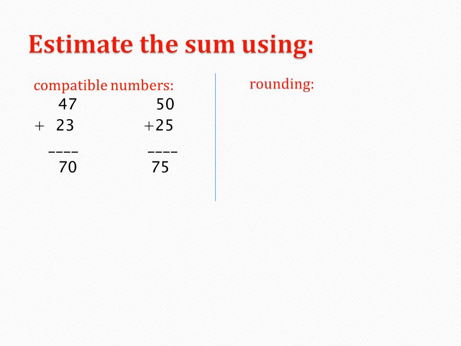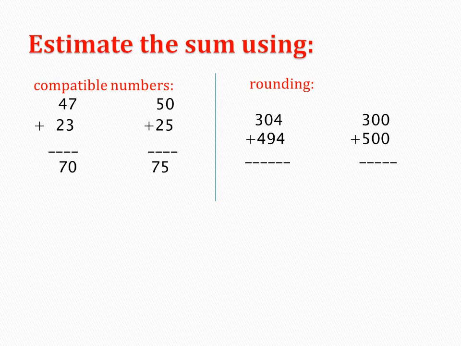Now we will use rounding. 304 plus 494. 304 is between 300 and 400, but it's closer to 300.